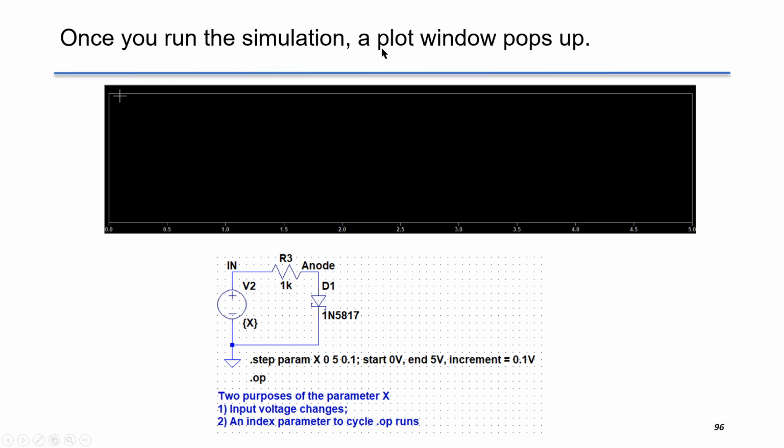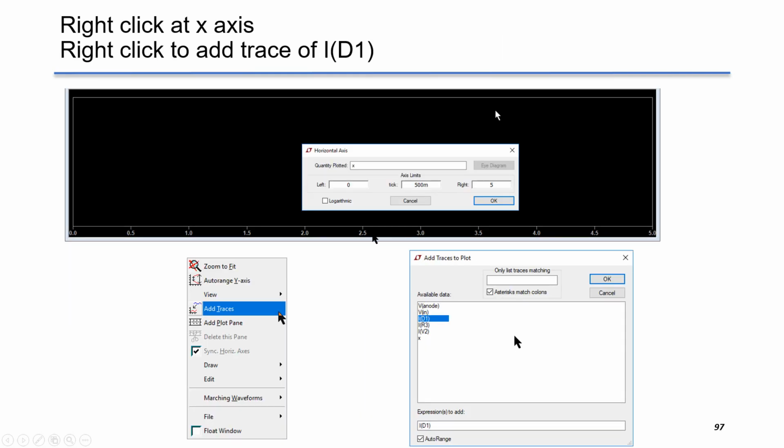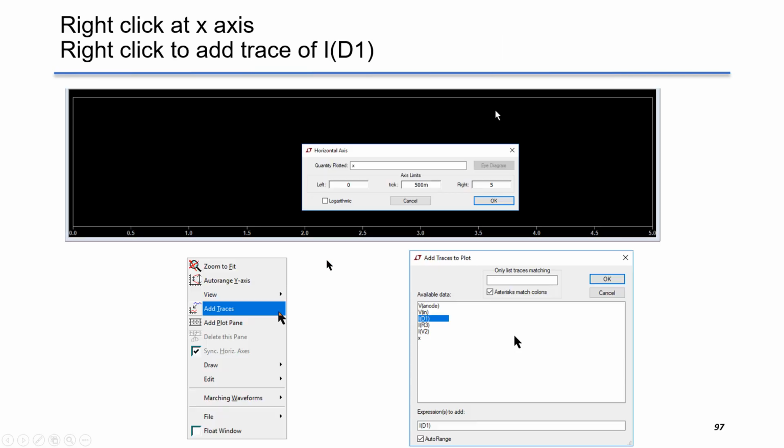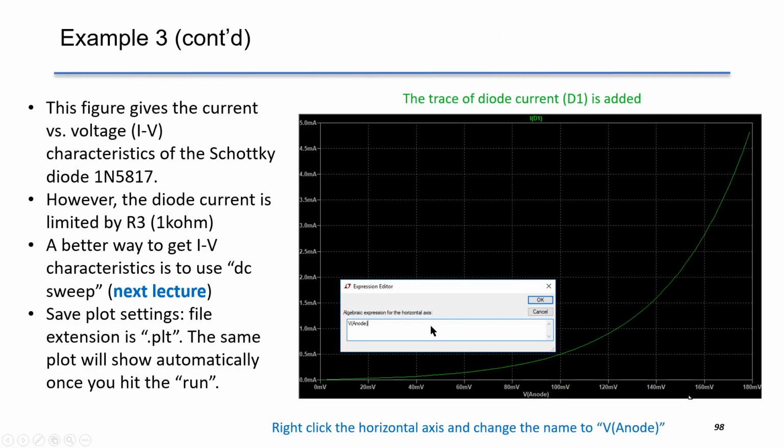Once you run the simulation, this plot window will pop up. And if you right-click on the x-axis, you can define the x-axis as the voltage over the anode. You can define the voltage here. Also, you can add a trace as ID1, which is the current over diode D1.